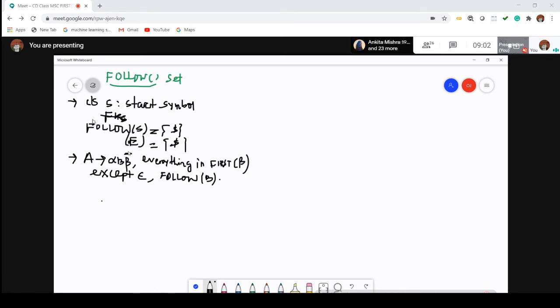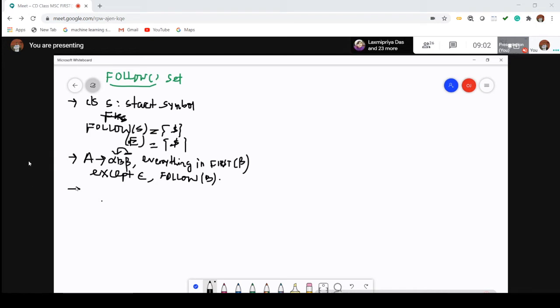All the values present in first of beta except epsilon will be in follow of B. Remember that point and don't make a mistake: don't put it in follow of A, it goes to follow of B. So everything in first of beta will be in follow of B except the epsilon symbol. Later on I will go through an example.